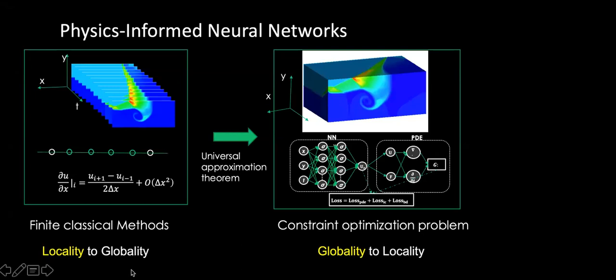PINNs change the problem into a global constrained optimization problem in time and domain, based on the powerful expressibility of networks. So people care about the global view first. It's difficult to say strategies here, but being global really brings many benefits to PINNs.